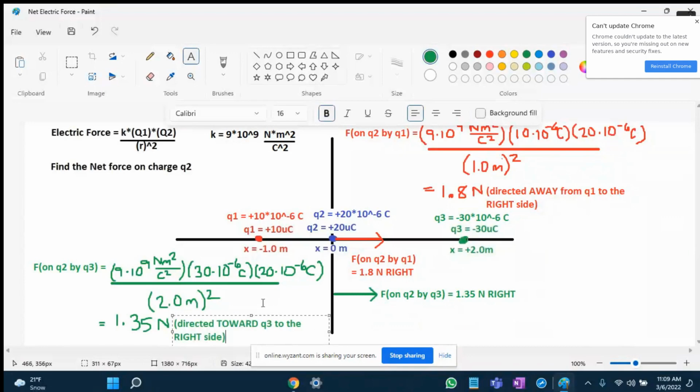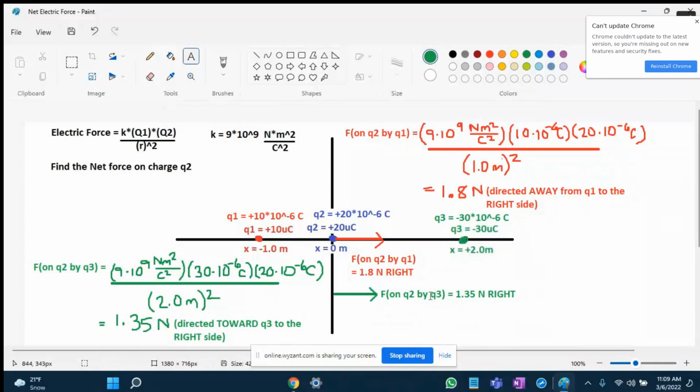All right, so now that we've got the two force vectors on Q2 by each of the two charges, we are ready to calculate the net force. So the net force would be the vector sum of these two forces.